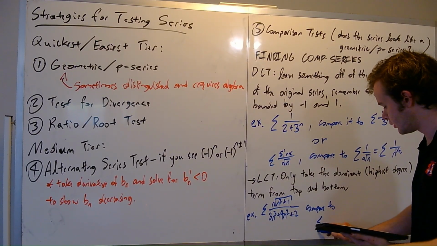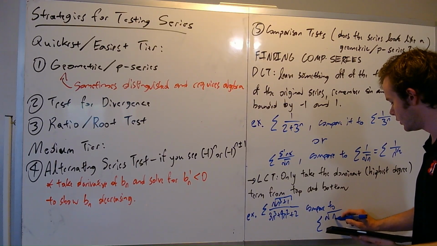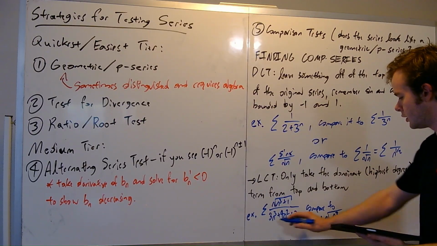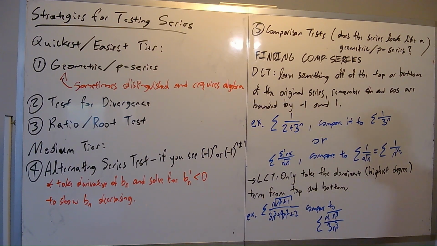let's say here this is going to be the sum of, inside of the square root we just take the leading term, which is n cubed, and in the bottom here we take the leading term, which is 3n cubed. So we can rewrite this as the sum of, so up here we have n cubed and we're taking the square root of it, so that's the 1/2 power, and you multiply that by the 3, so you're going to get n to the 3/2 power over 3n cubed. And if you're dividing things with the same base and different powers, then you subtract the powers.